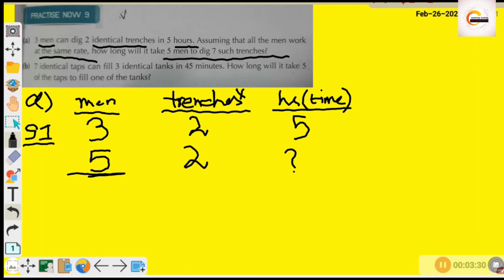See, if fewer men are working on a trench, will they take more time to dig or less time?